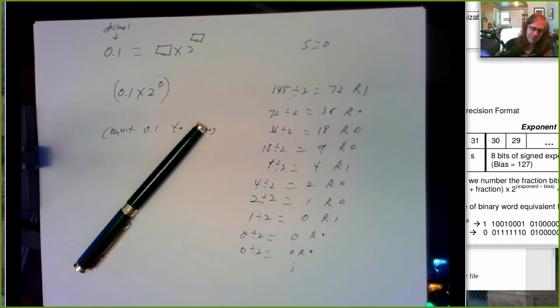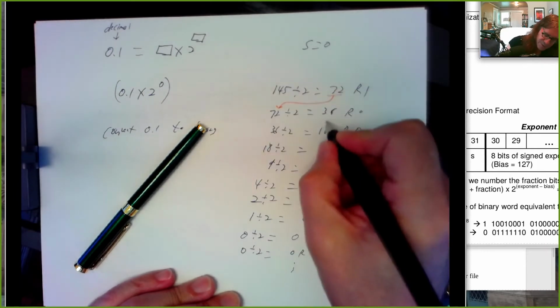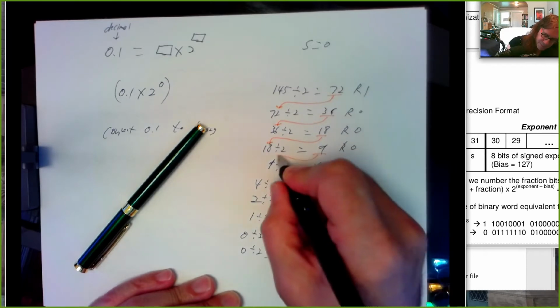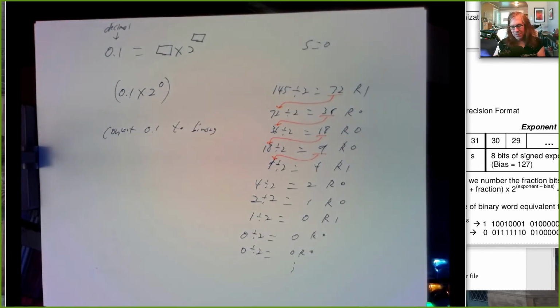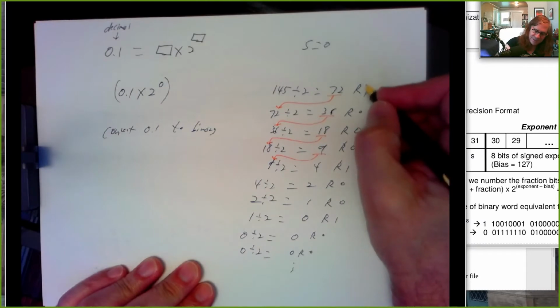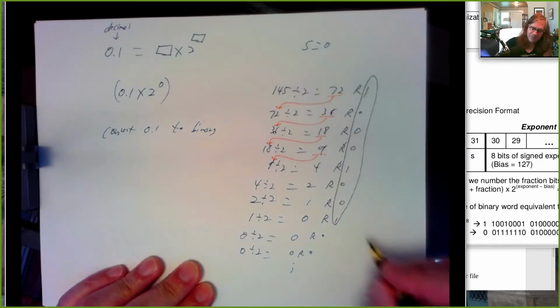And this number is what's feeding the next row of this calculation. So you do this repeated division until you end up with 0, remainder 0. And this is your binary equivalent.